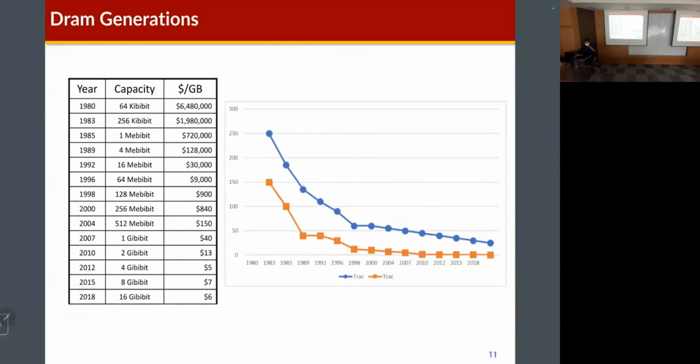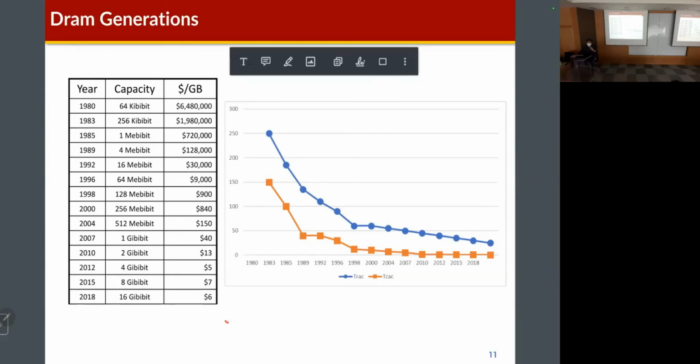Okay, let's see some performance of the DRAM. This table shows the capacity of the typical DRAM chip, and also the cost per gigabyte.